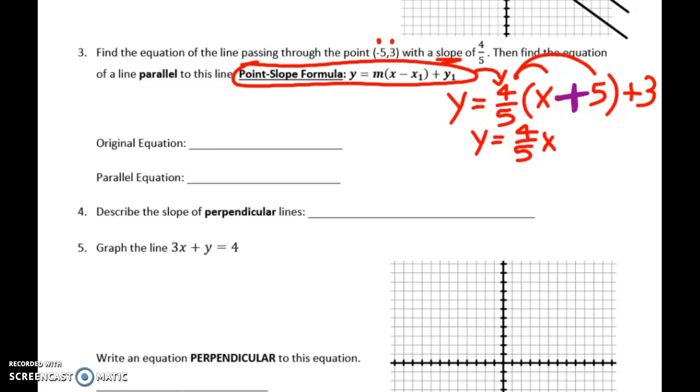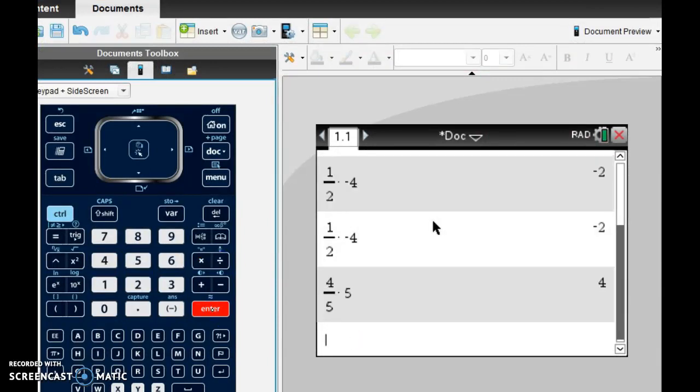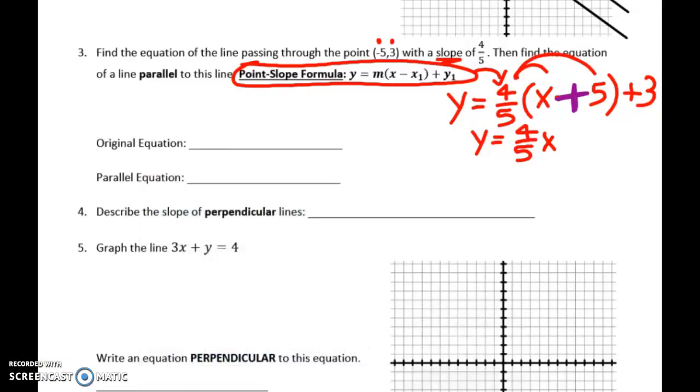So you end up getting 4/5 times 5. If I go to my calculator and do that, it should be 4 divided by 5 times 5. I get 4. So 4/5 times 5 is positive 4. Bring down plus 3. Combine these like terms. So y equals 4 over 5x plus 7.